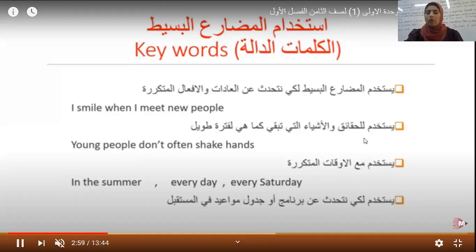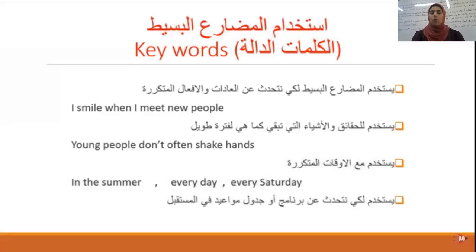Also, it is used with facts and things that last for a long time, like young people don't often shake hands. It's also used with repeated actions, like every Saturday, every day we do something, each summer we do something. We use present simple with such kinds of actions.